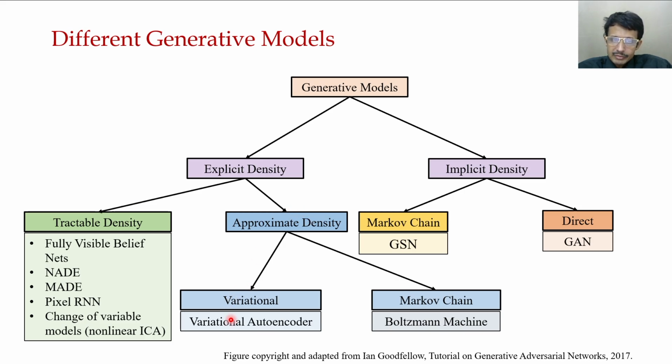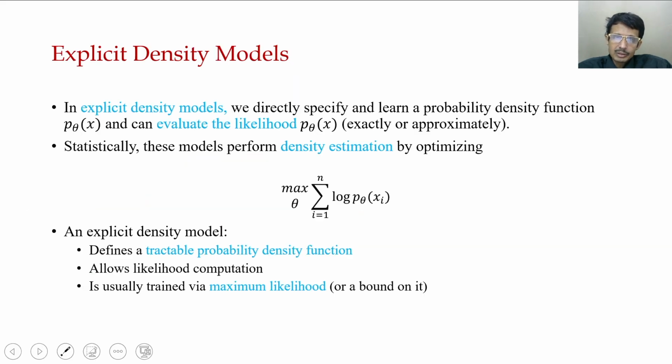When we see the variational autoencoder, we can understand how we are going to approximate it. So explicit density is tractable or approximate. Generally, an explicit density model defines a tractable probability function that allows likelihood computation, and it is usually trained by maximum likelihood or a bound.